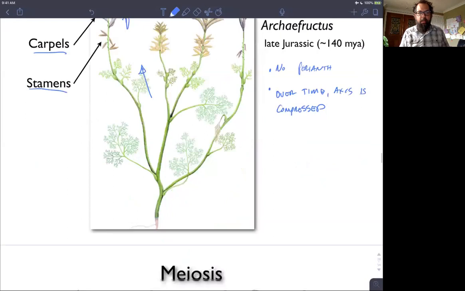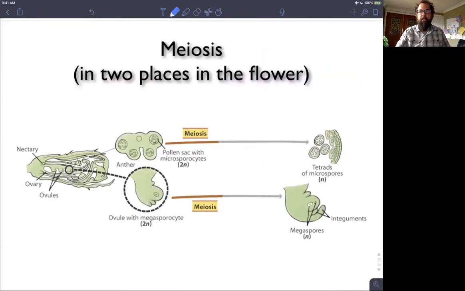Okay, so let's now move into thinking about gametophyte development and how the gametophytes are actually formed in plants. If you remember, there are 2 places in the plant where meiosis is going to occur.